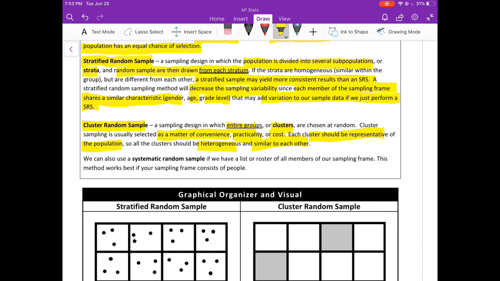So for example, a cluster would be, you're picking advisories, right? To do a survey. So you pick a freshman advisory, a sophomore advisory, junior and senior, and you would survey every single person in that one advisory.